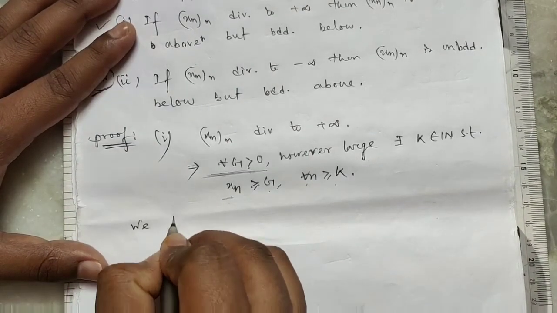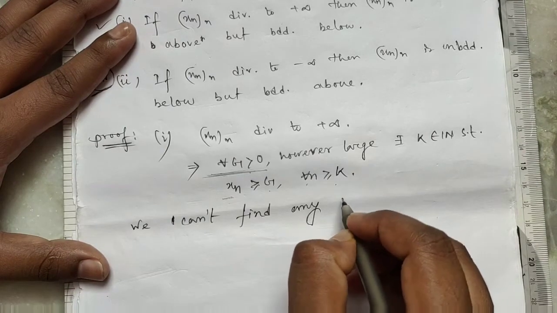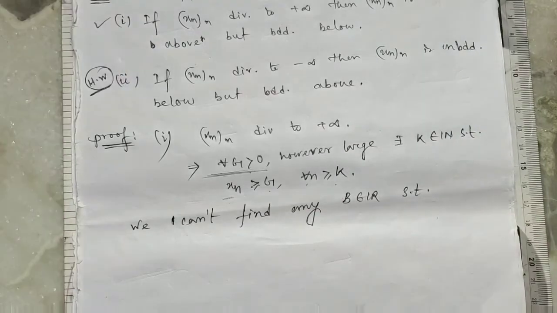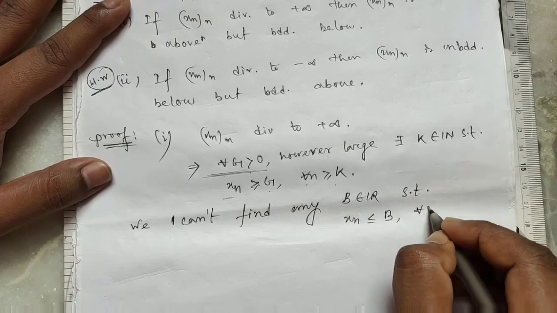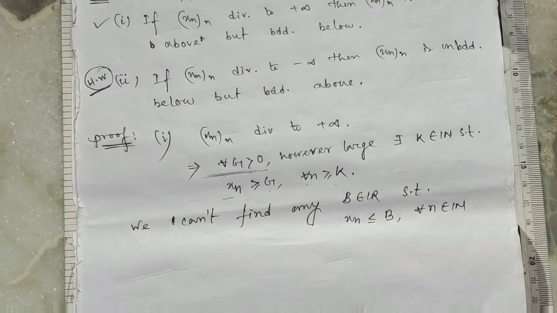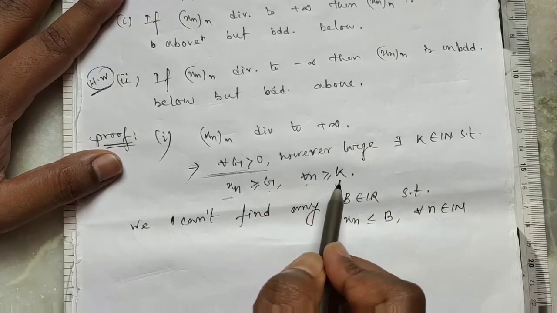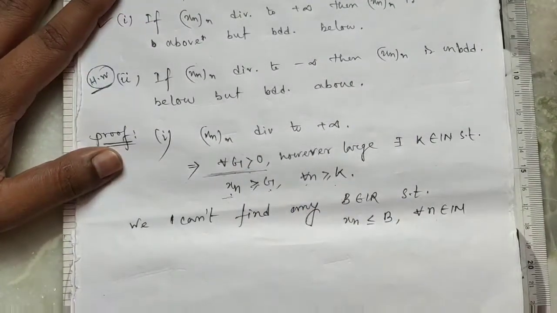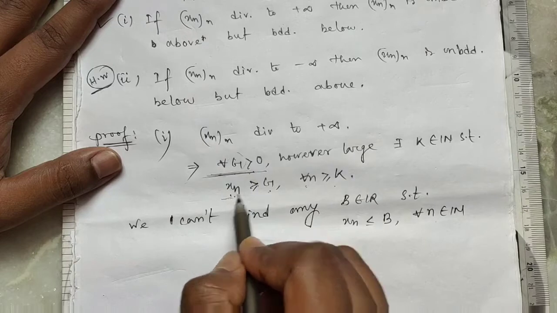This implies we cannot find any number b belonging to R such that xn is less than or equal to b for all n belonging to N, because if we take any positive real number g, there are some members of the sequence which are greater than g.